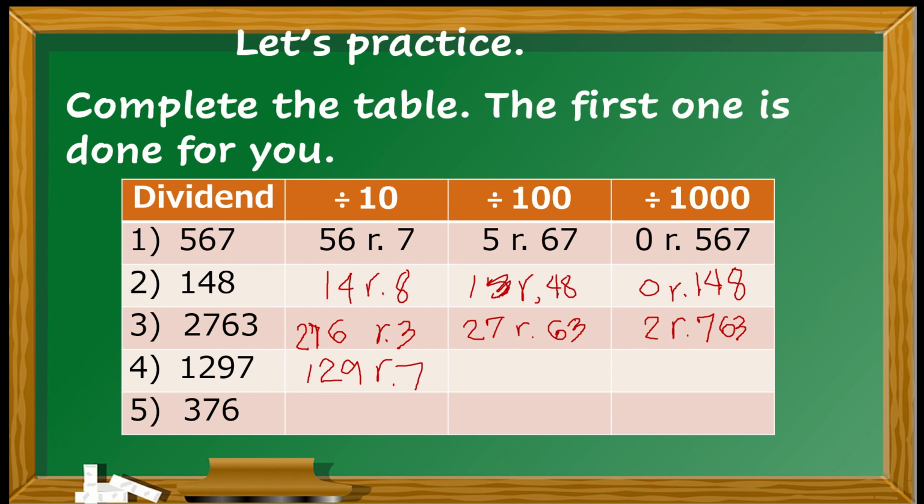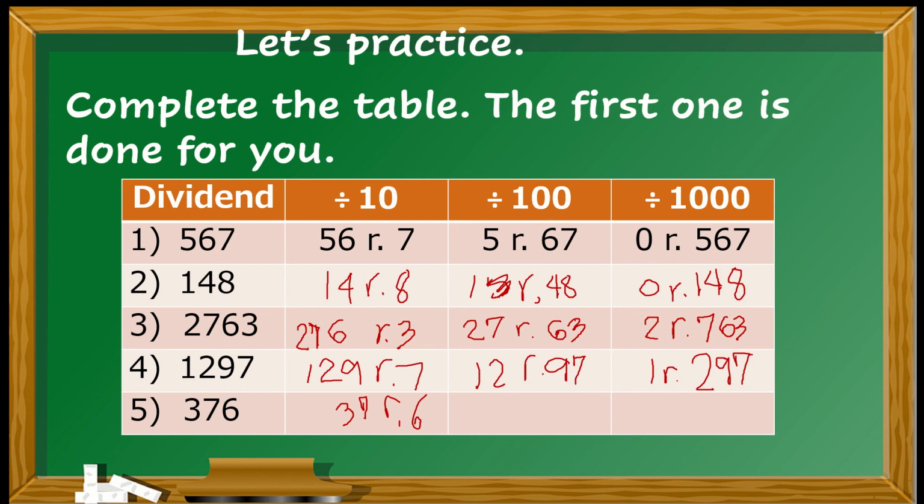Next, for number 4, that would be 1, 2, 9, remainder 7. Okay, so for 100, that would be 1, 2, remainder 97. So, 12 remainder 97. Then, sa 1,000, that would be 1 remainder 297. Okay. For the number 5, that would be 37 remainder 6.